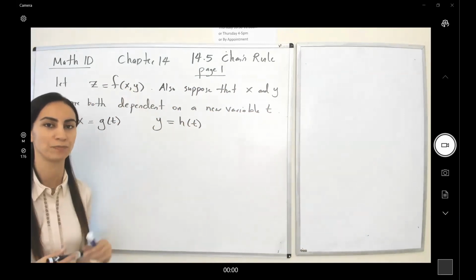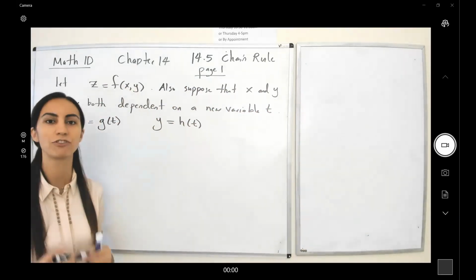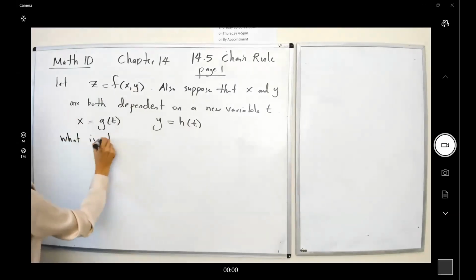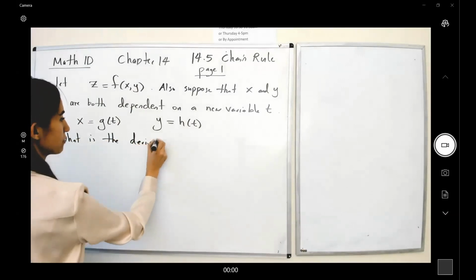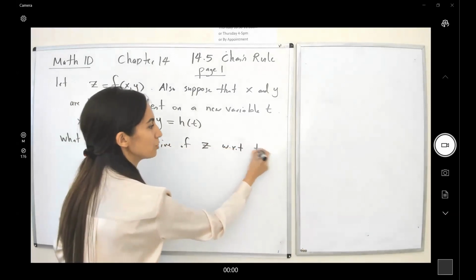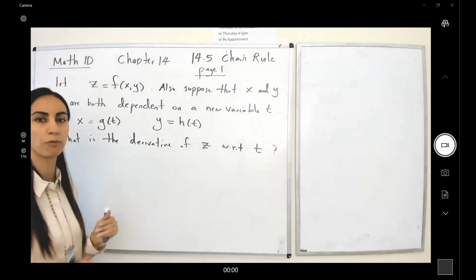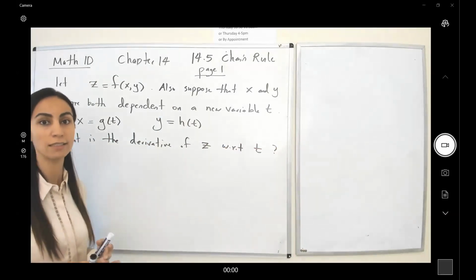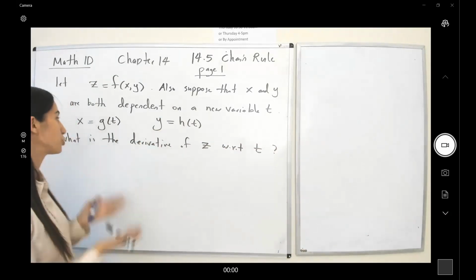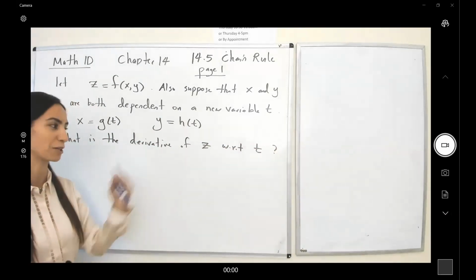So here's a question. How do you take the derivative of function z with respect to t? What is the derivative of z with respect to t? Well, since x and y, both of them are functions of t, we have to include these in the formula that we are introducing for the derivative of function z with respect to t.